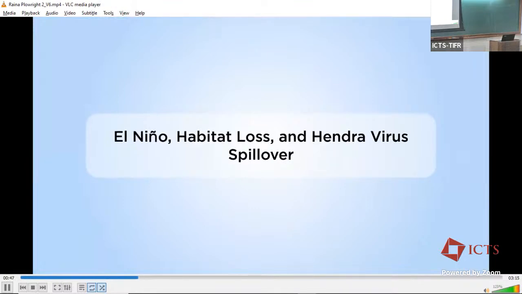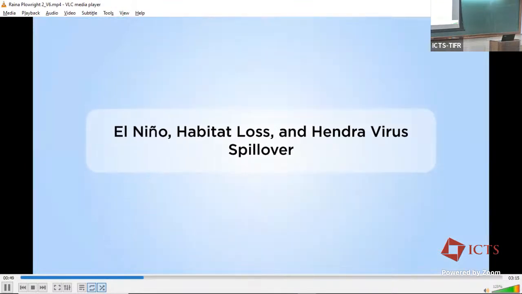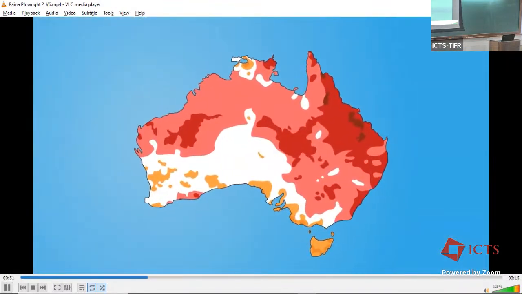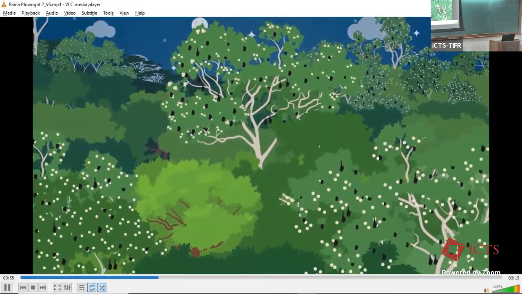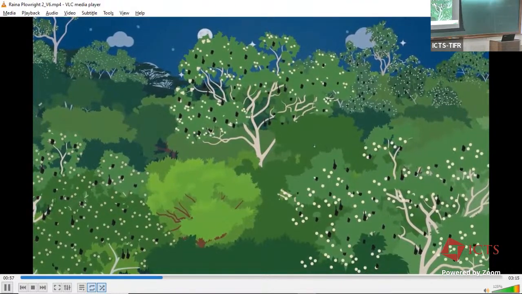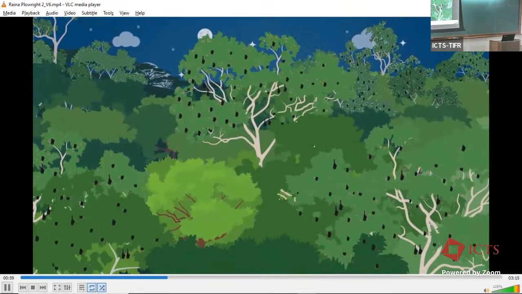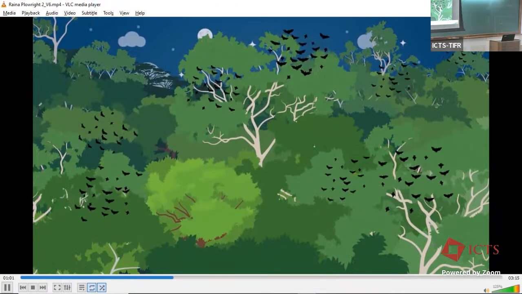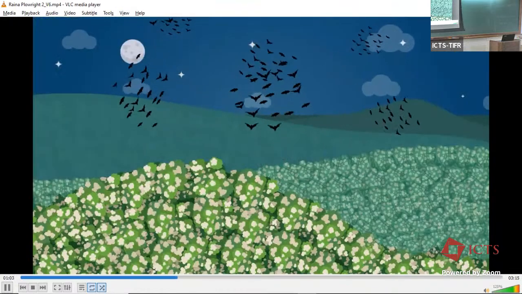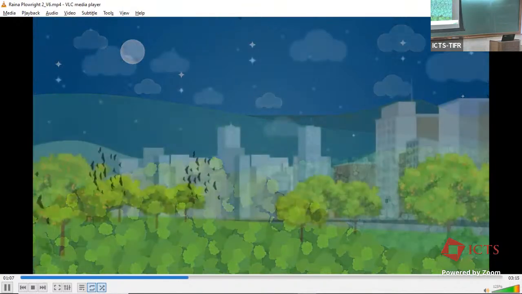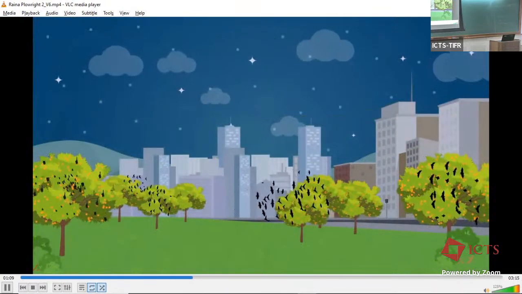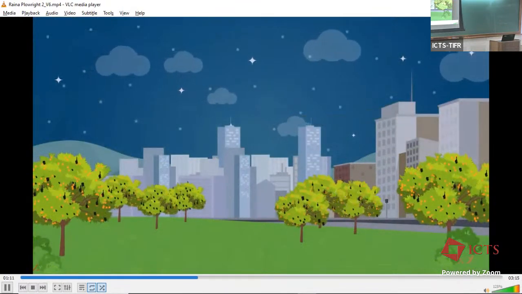However, every few years, the El Niño Southern Oscillation cycle generates hot, dry conditions. The flowering of native trees is greatly reduced in the months following a strong El Niño, creating a food shortage for bats. The bats respond by splitting into smaller groups, close to poor quality food sources in human areas like cities and farms.